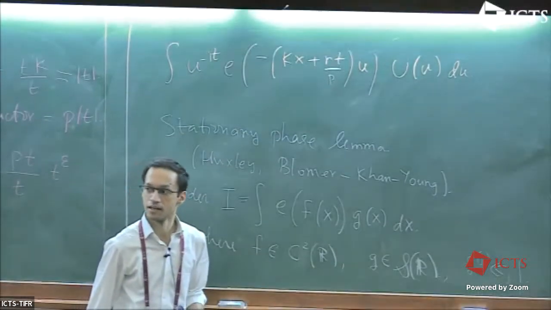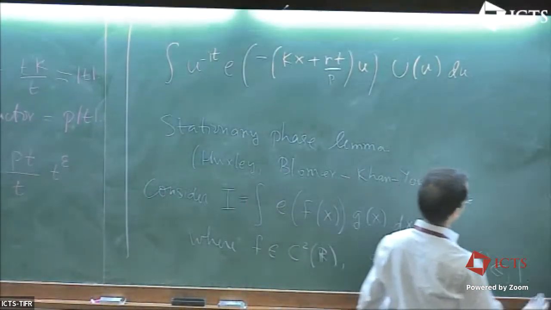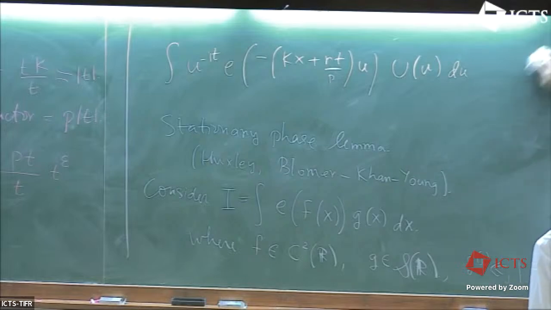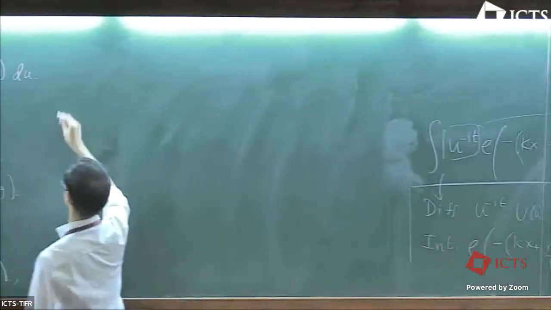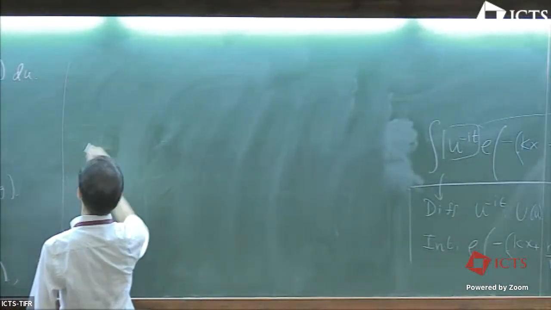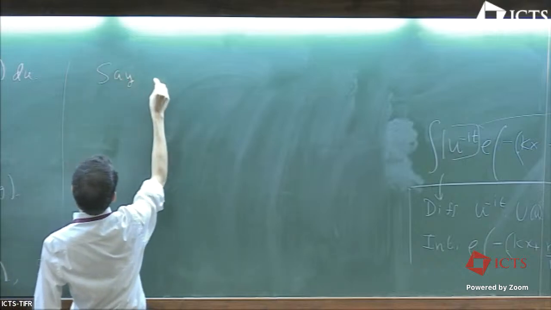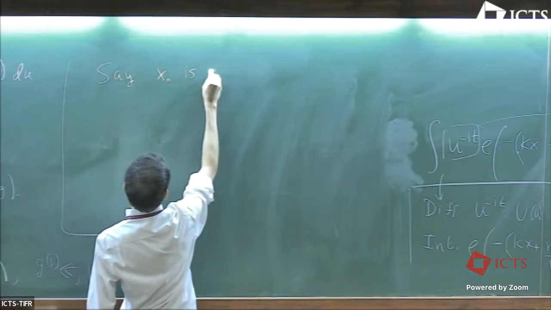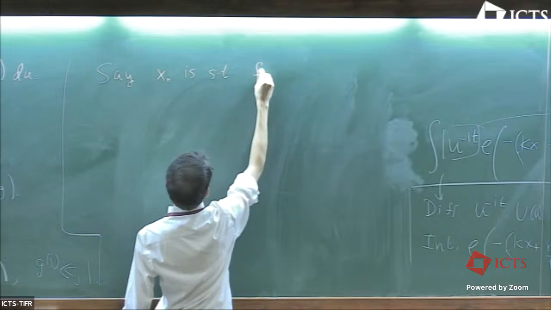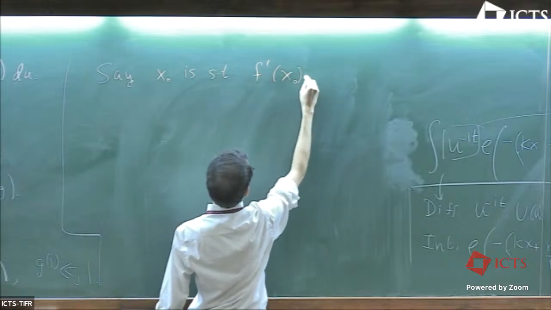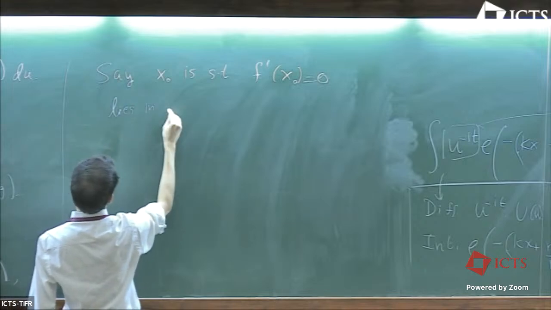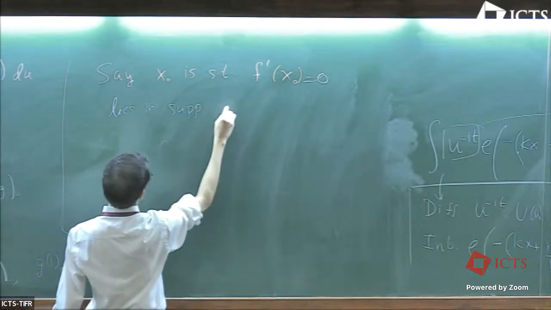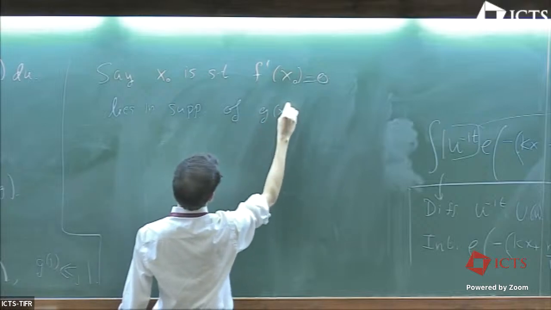Right. So let's consider an integral like this. And we are also going to make a few more assumptions. So let's say that x naught is such that f prime of x naught is equal to 0 and lies in the support of g.